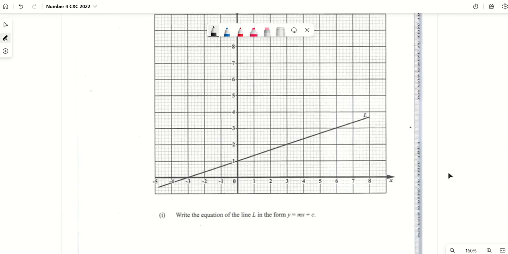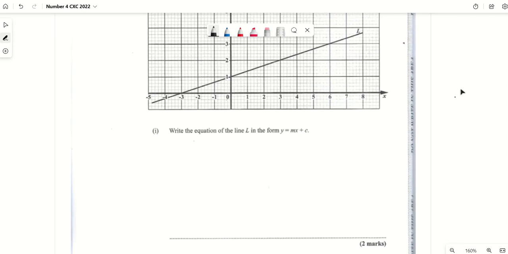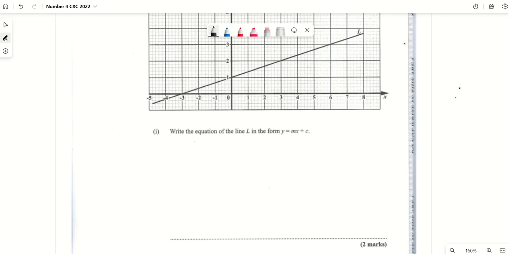They said write the equation of L in the form y is equal to mx plus c. So before we even do this, let's just see what is y, what is m, what is x, and what is c. So y is equal to mx plus c, where m is your gradient, and c is known as your y-intercept.